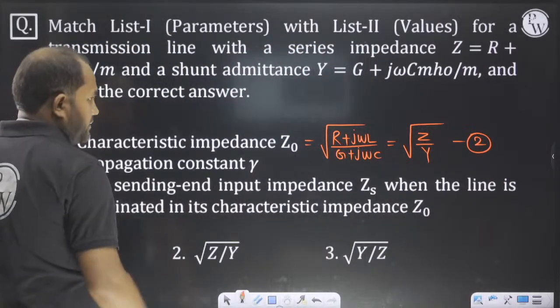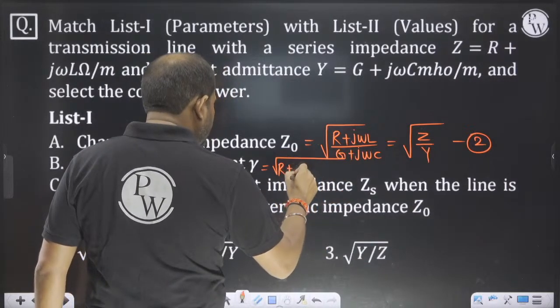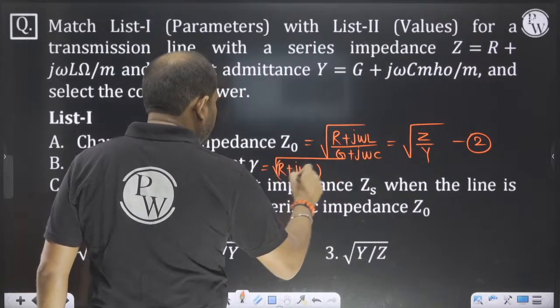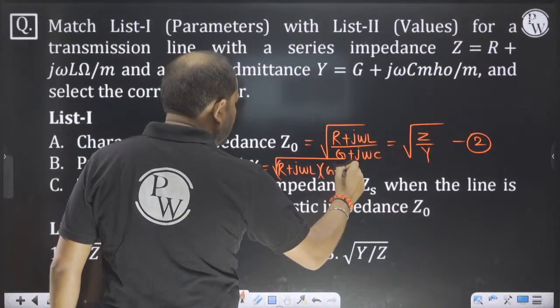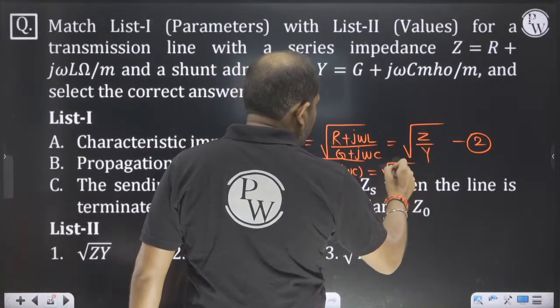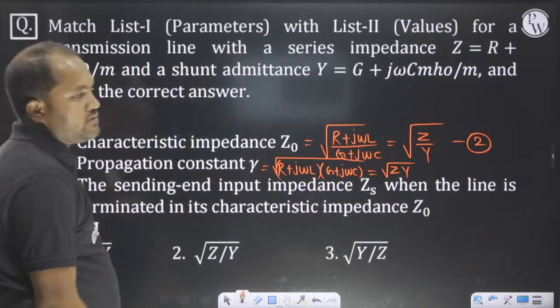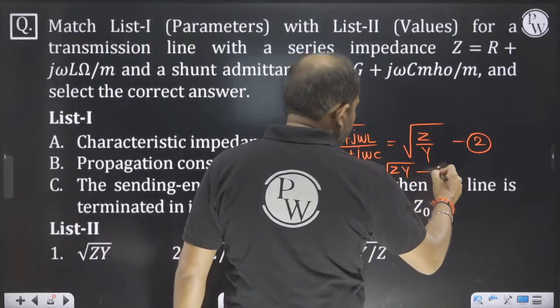Propagation constant is equal to under root of R plus J omega L and G plus J omega C. So it is nothing but under root Z into Y. Z into Y is first, so our answer will be first.